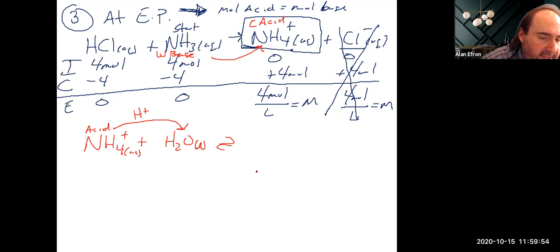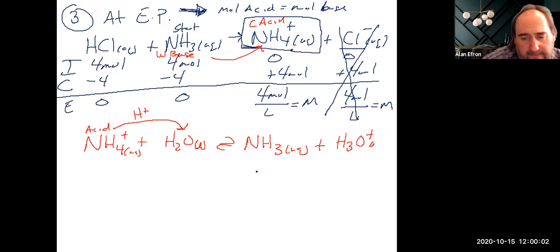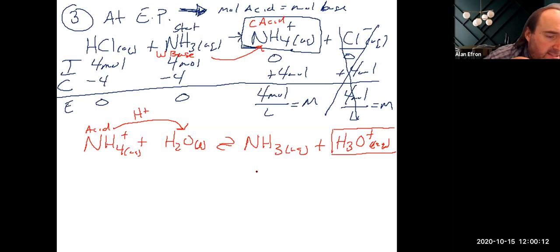When it donates its H+, that gives you NH3 where it came from, and that gives you H3O+ here. And again, as we've talked about, writing these reactions correctly is really important, because by just seeing that H3O+ on the product side in our correctly written equation, we know several things.